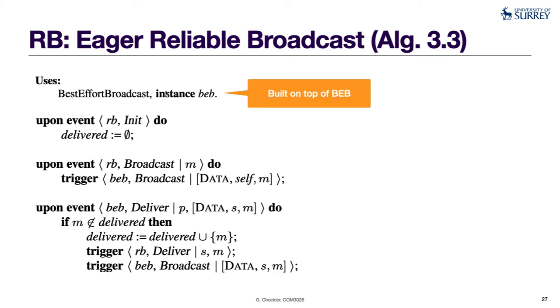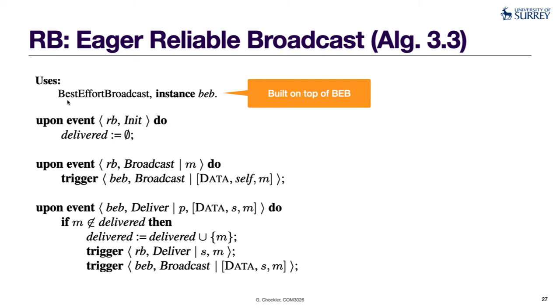The implementation of BEB we have just seen in the previous slide, right? So we have BEB implemented. So now we basically can use it as a component, as a black box, in order to implement stronger services. And this is what we are going to do now.